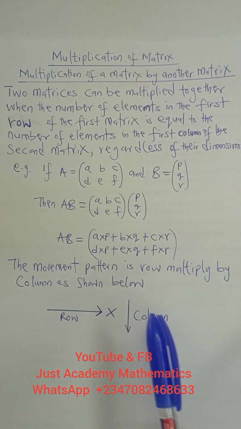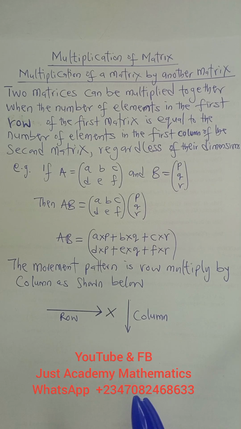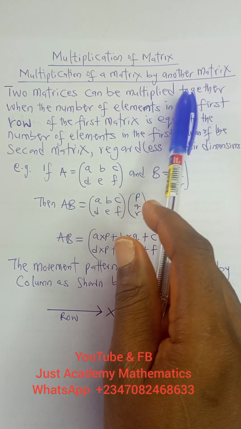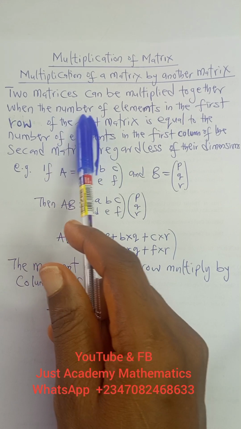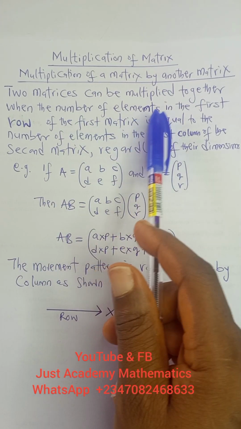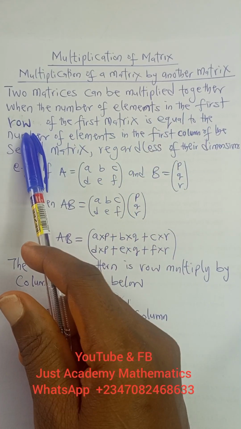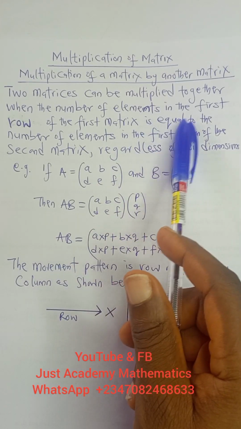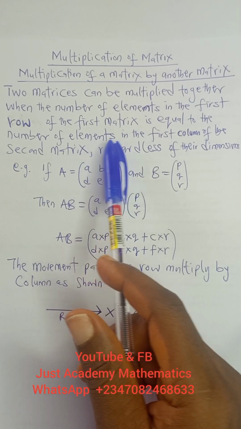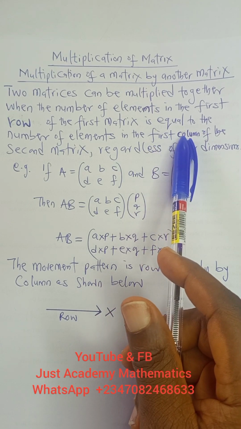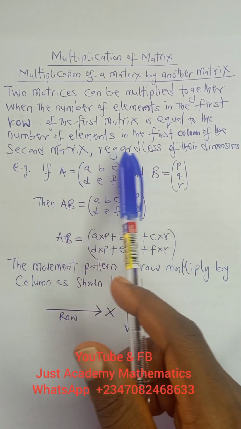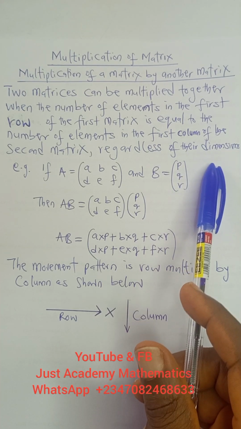2 matrices. You can see my brief write-up, just to give you an idea of what we're talking about. 2 matrices can be multiplied together when the number of elements in the first row of the first matrix is equal to the number of elements in the first column of the second matrix, regardless of their dimension.